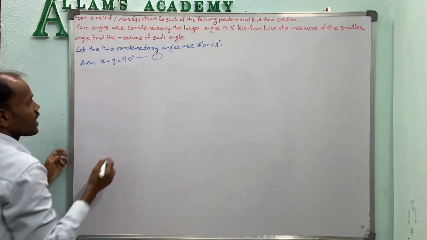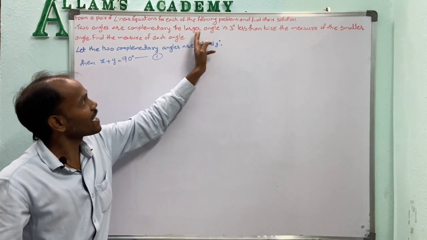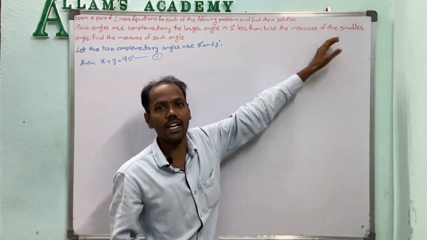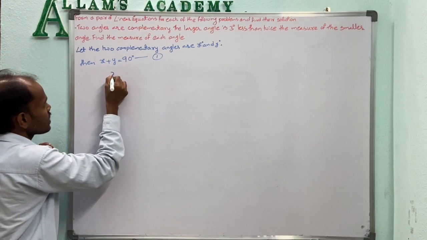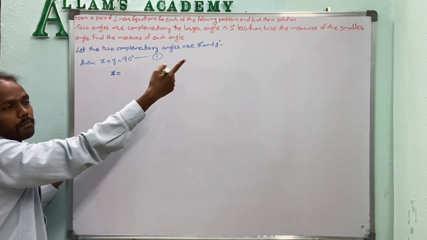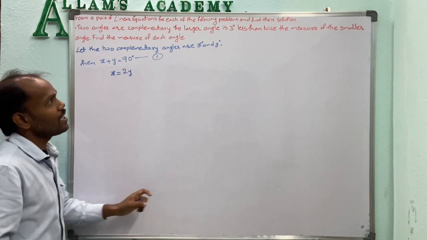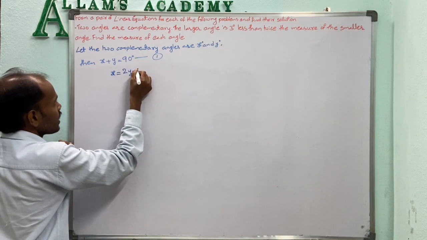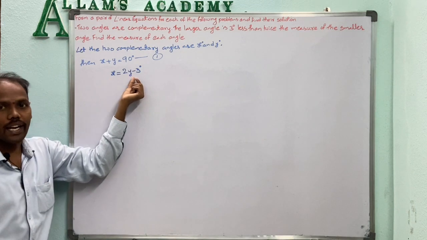It will be taken as equation 1. Now the second one is given: the larger angle is 3 degrees less than twice the measure of the smaller angle. So we can write this as x equals twice the measure of the smaller, so 2y, 3 degrees less, so minus 3. So x equals 2y minus 3.